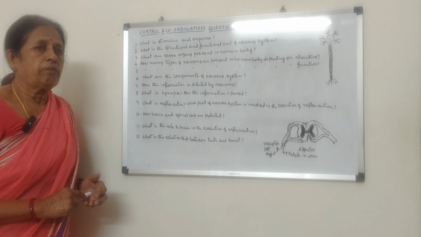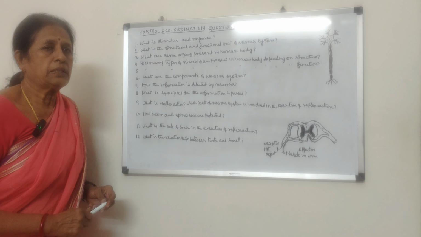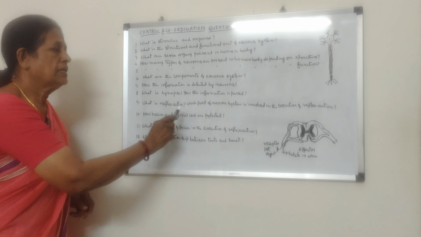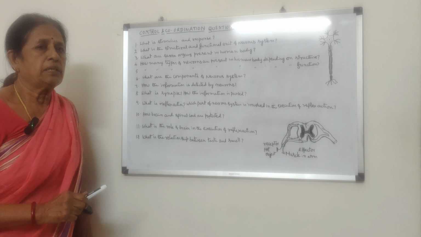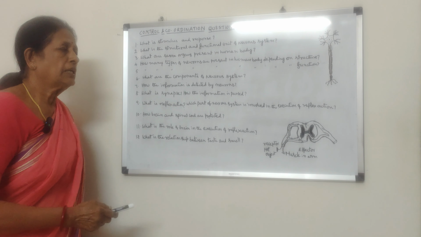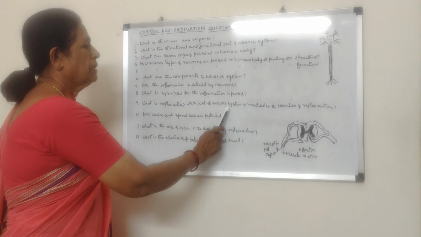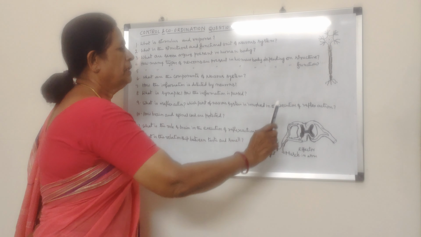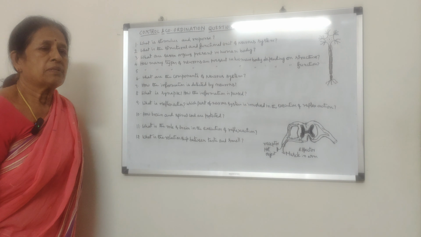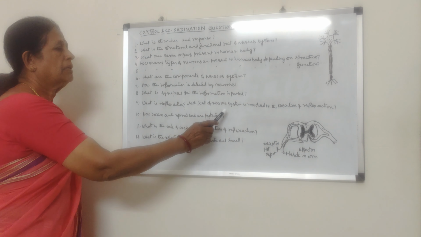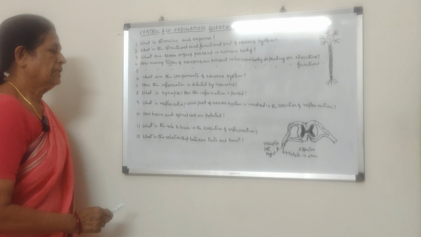Which part of the nervous system is involved in its execution? The central nervous system, that is, the spinal cord. The spinal cord plays an important role in the execution of reflex action.